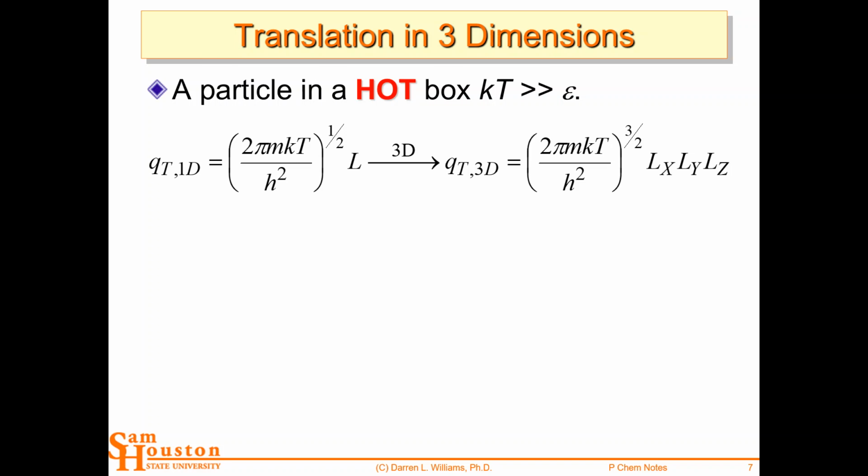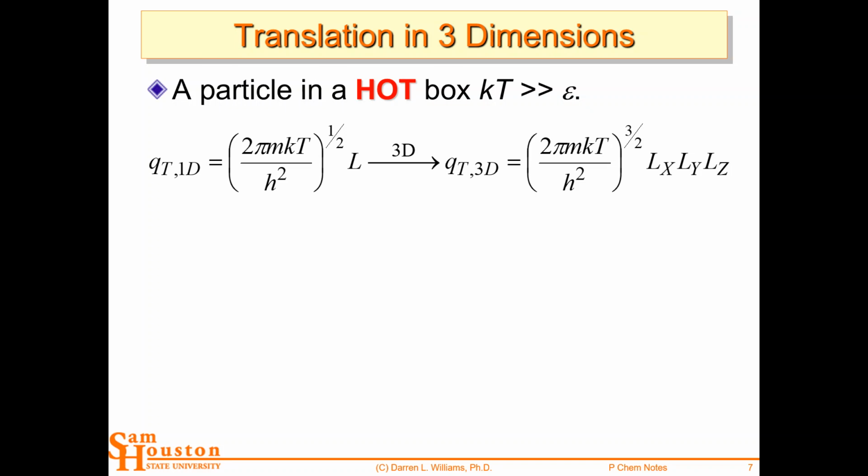So L is the only thing that's different. You get the same factor in front, 3 times, so it's cubed now. It goes from the 1/2 power to the 3/2 power. And then you end up with Lx, Ly, and Lz.